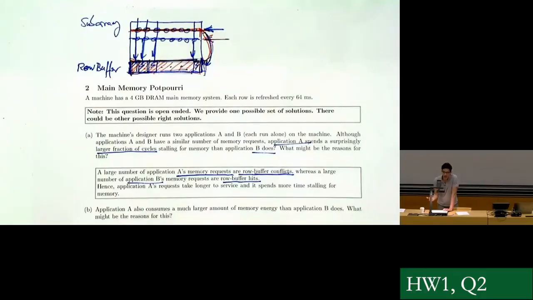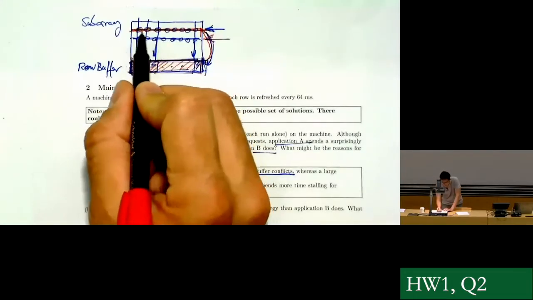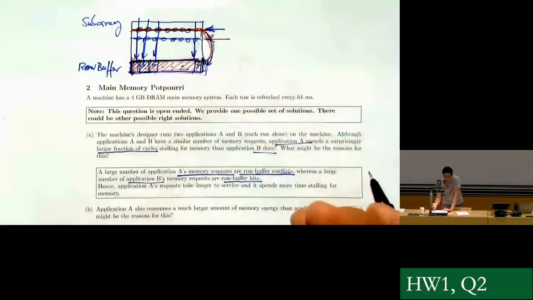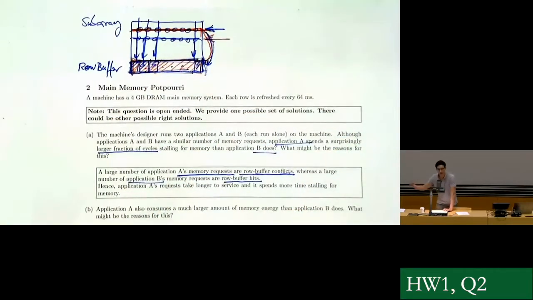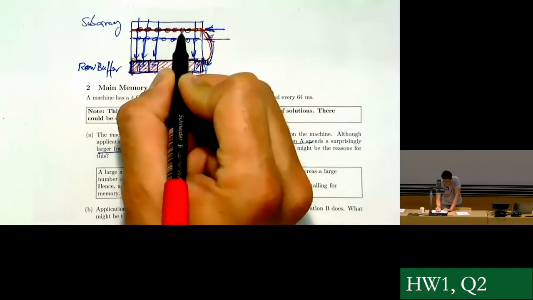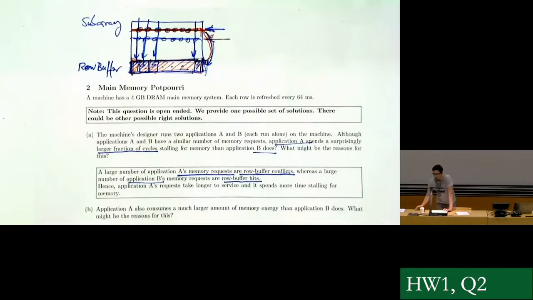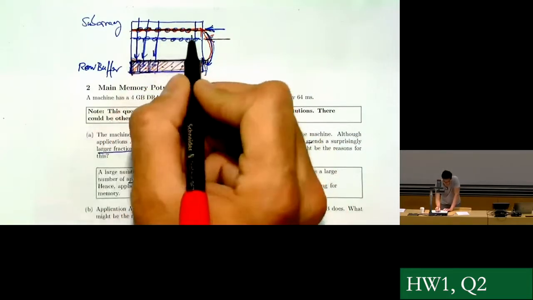So the good thing is that it wouldn't be necessary to refresh. Let's say that the refresh cycle is happening right after this row has been pre-charged. It wouldn't be necessary to refresh this row because it has just been accessed, so the corresponding cells have all the charge. There's not enough time to have charge leakage.